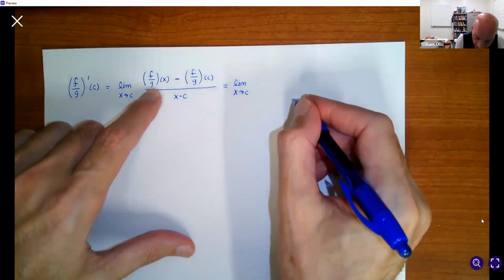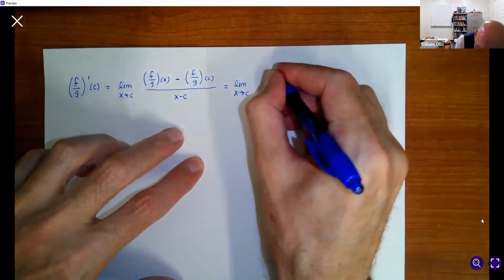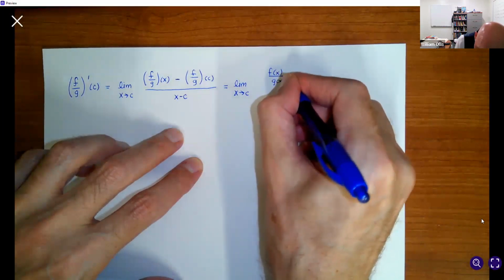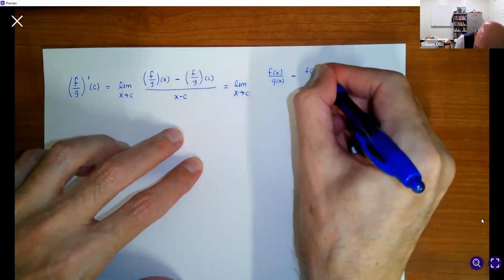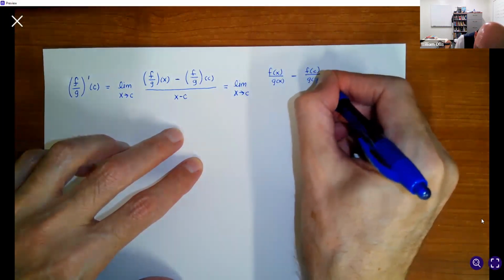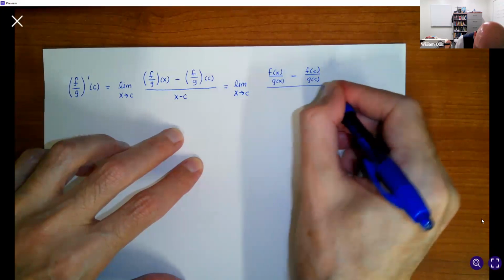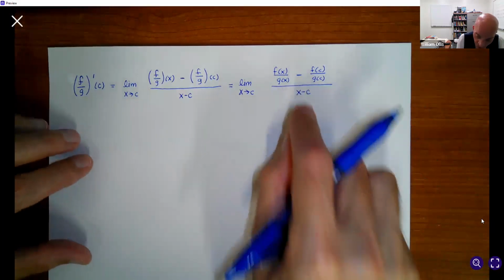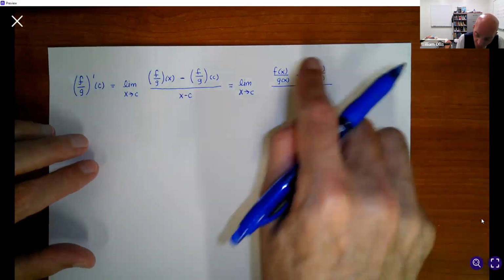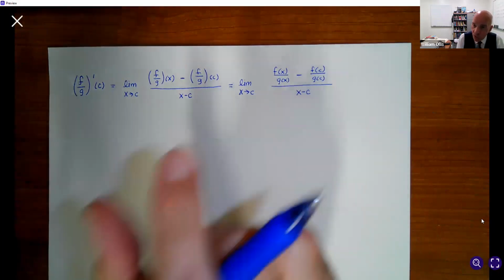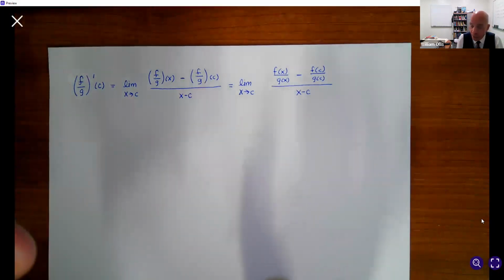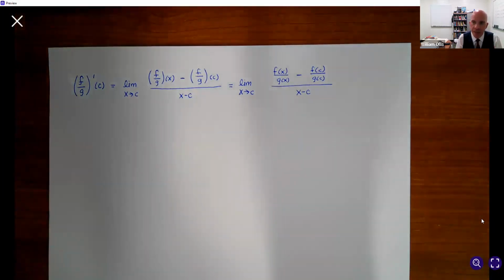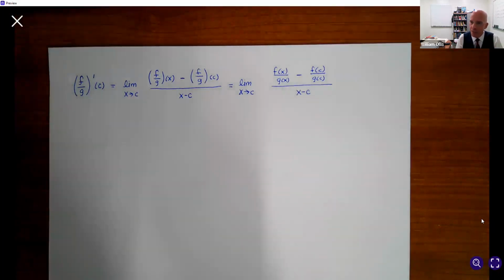So we'll just write the definition of these items here. That is, we have f of x divided by g of x minus f of c divided by g of c, all divided by x minus c. So what we would like to do is do common denominators here and then move some of the algebra into the denominator, and then add and subtract a term that will allow us to use the hypothesis of differentiability.